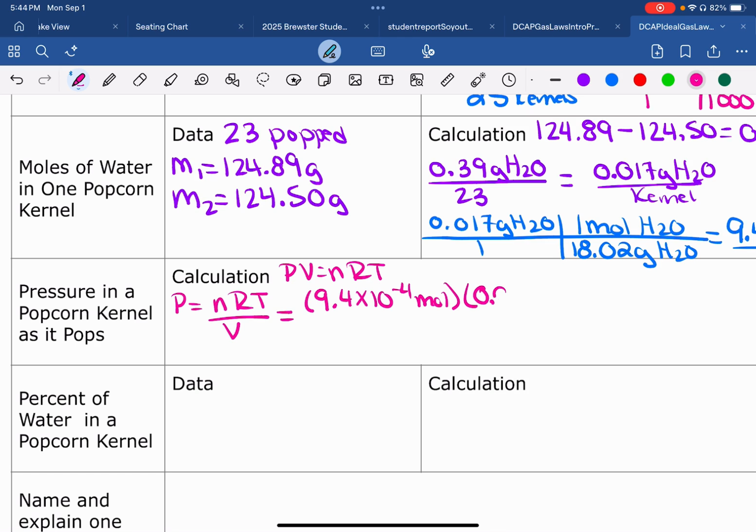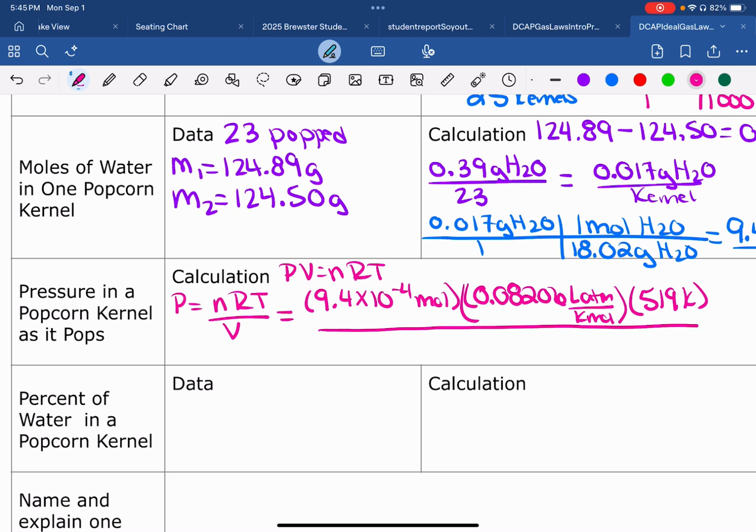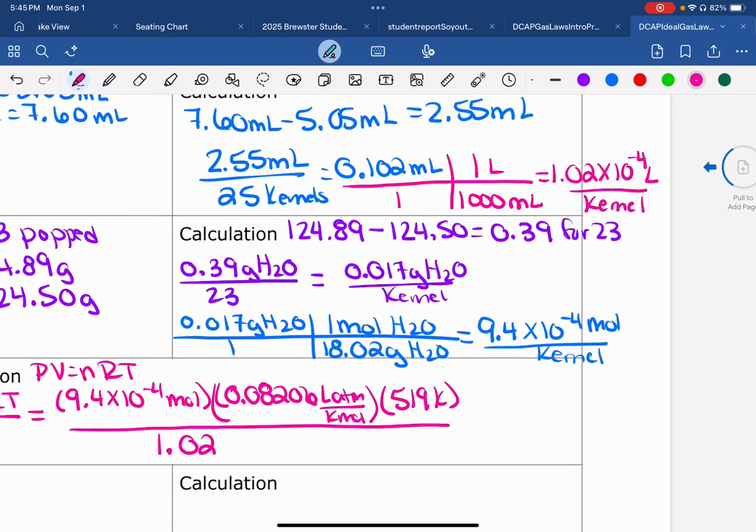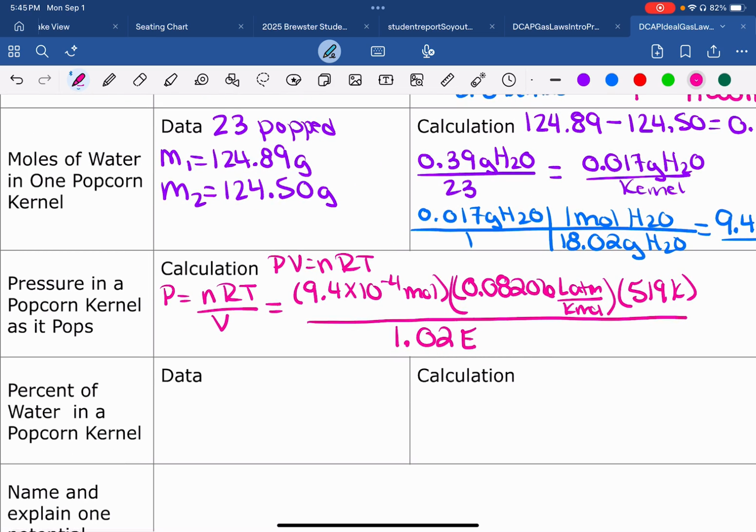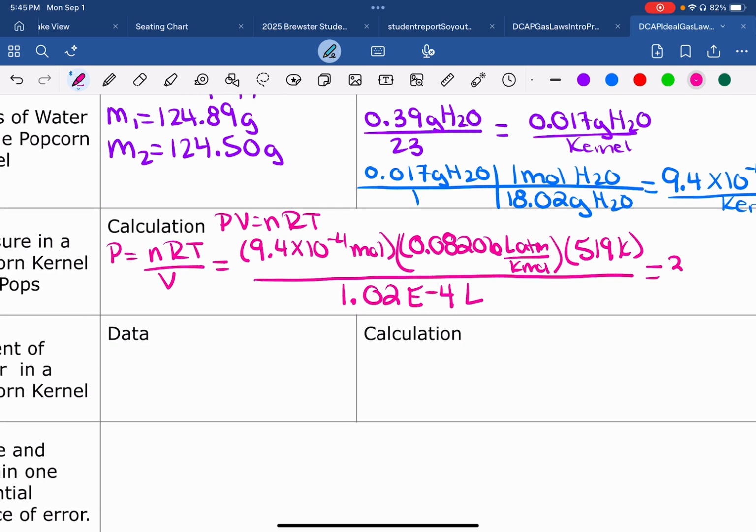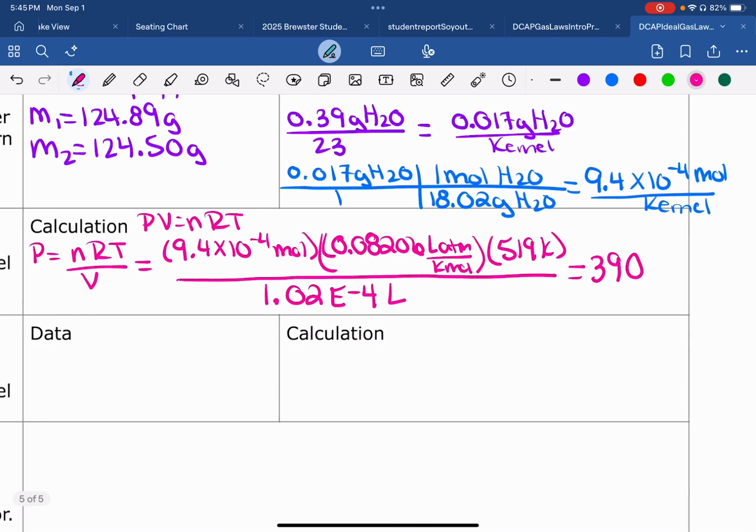So we're going to use 0.08206. That is a constant. Temperature was 519 because that's from your pre-lab. We're going to divide that by the volume from up above, 1.02 times 10 to the negative fourth. And when I calculate that, we'll get 390 atm.